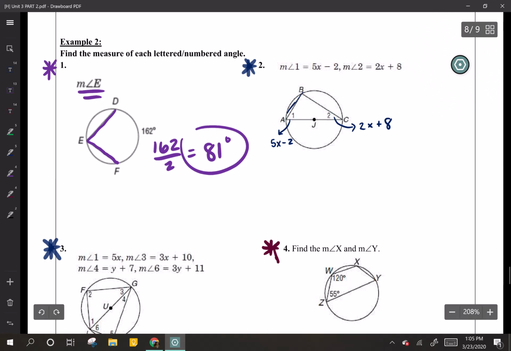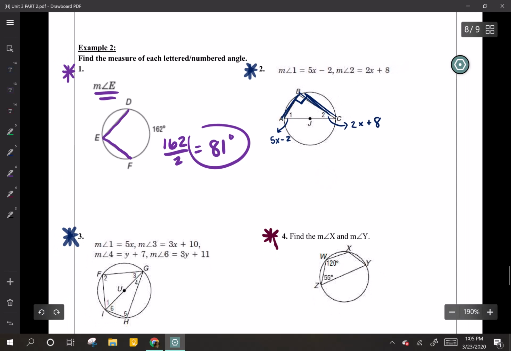I'm just going to change the color on this so you guys don't get confused. So this is Theorem 10.7. The problem wants us to find the measurement of angle 1 and angle 2. I first need to solve for x, and then I plug it in to find my measurement of the angles. The way I solve for x, I set up my equation with the given information.